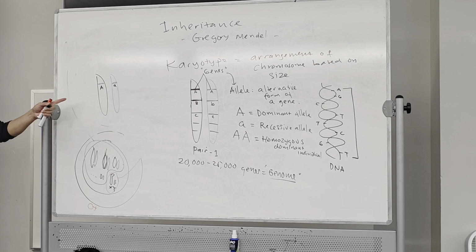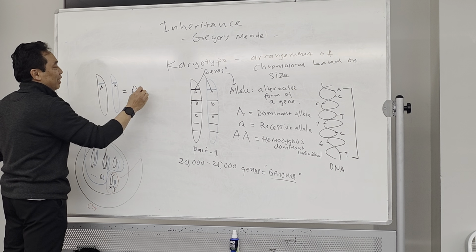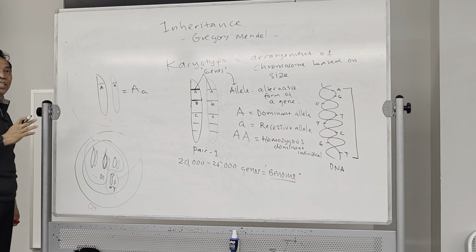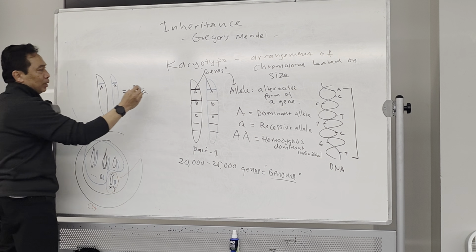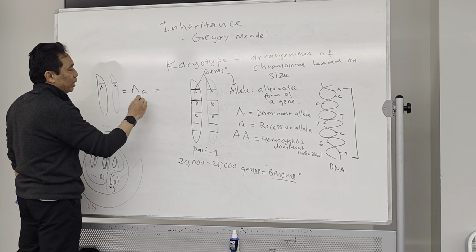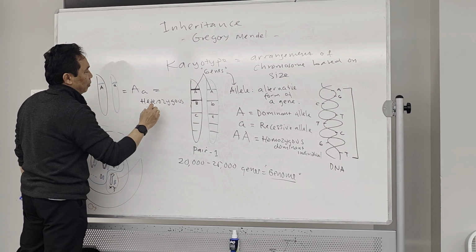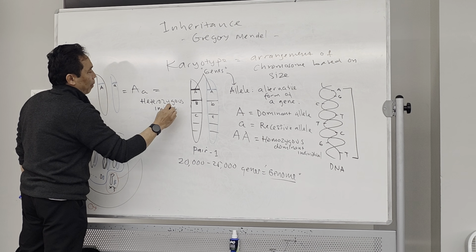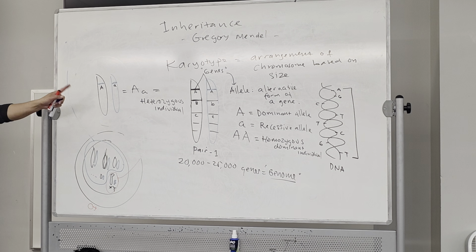Get it? So this individual will have this gene, which is one capital and one lowercase. This individual is called a heterozygous individual. Okay, we're going to see that later.